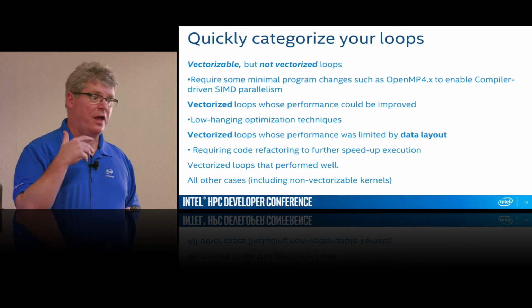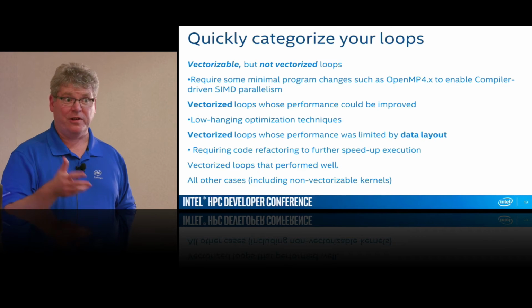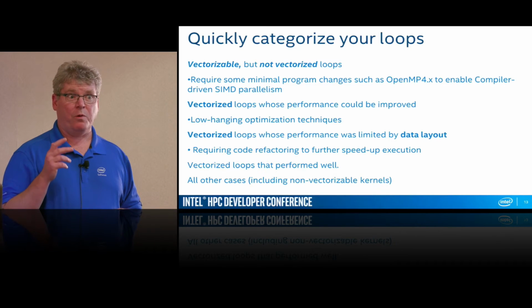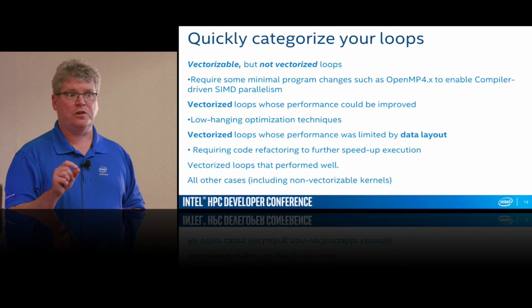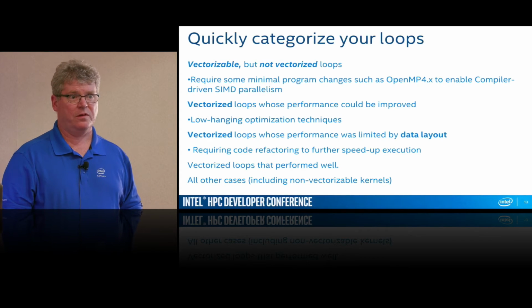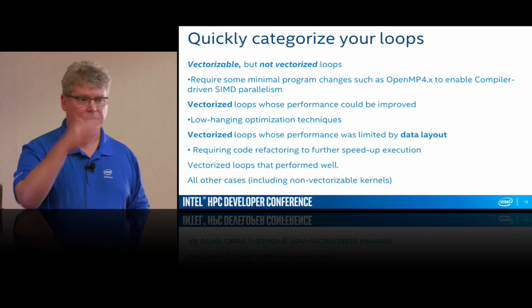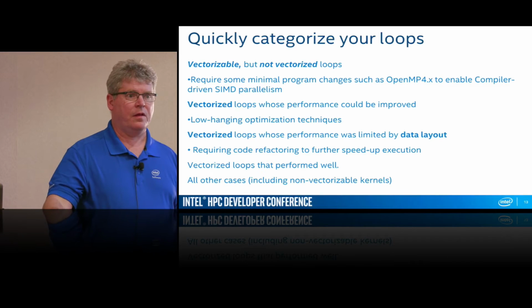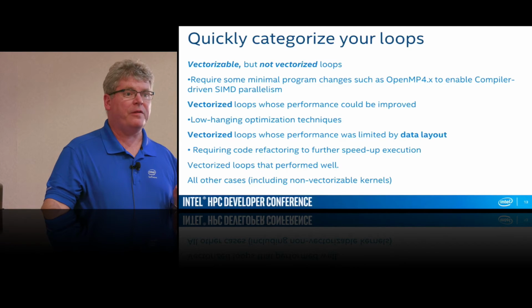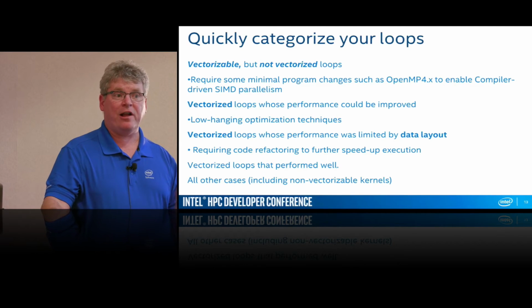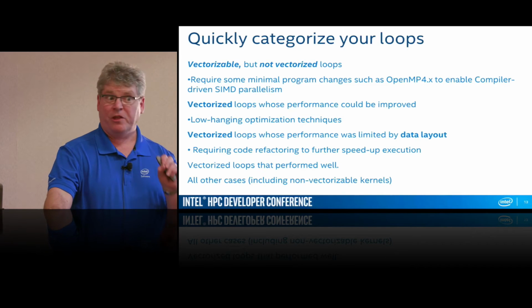For example, outer-loop vectorization is another case where the compiler could vectorize that loop, but it may not choose to unless you tell it to. So you know that the loop's vectorizable, but the compiler might not classify it as vectorizable because it doesn't know things like trip count, for example.